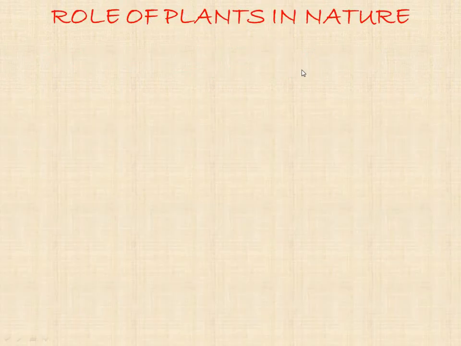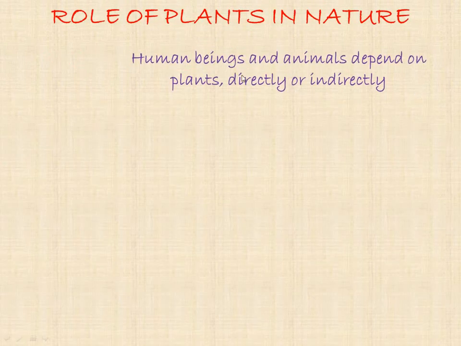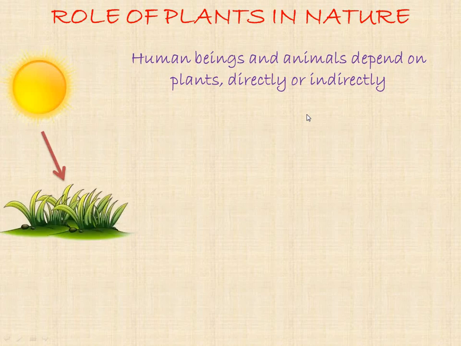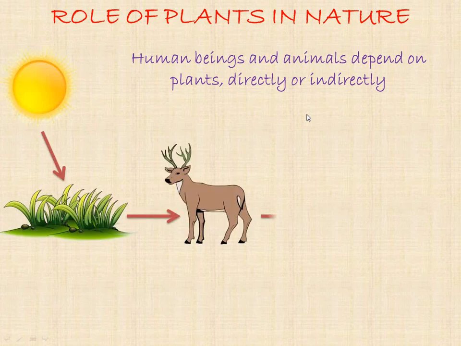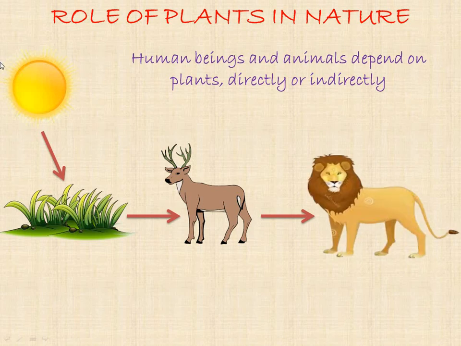So, what is the role of plants in nature? Human beings and animals depend on plants directly or indirectly. Let's take an example. As you can see, here is the sun, plants, a deer and a lion.